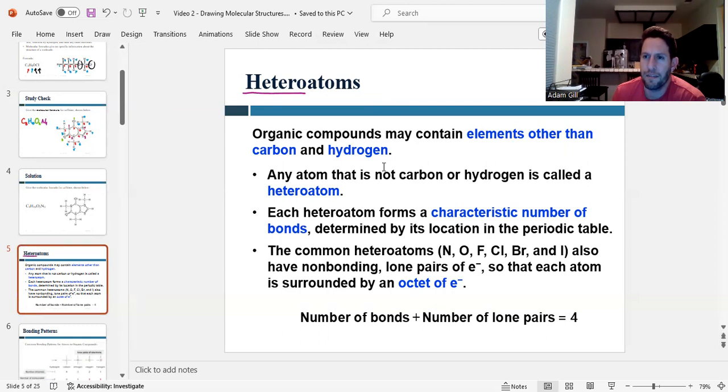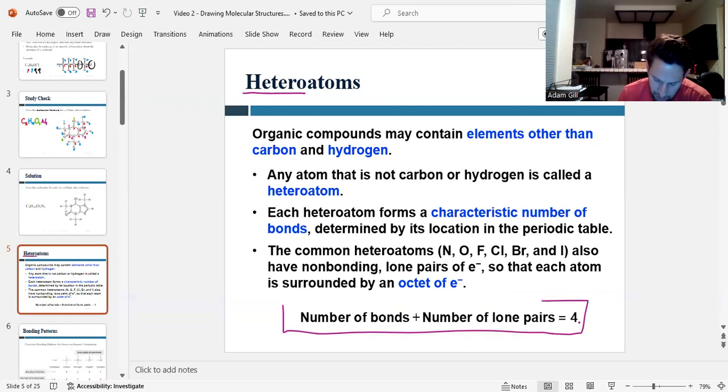Now, when atoms form molecules, they always want to have a full valence shell of electrons. And so for everybody other than hydrogen, that's 8 electrons. Remember that from drawing Lewis structures back in chapter 6, I believe it was. So everybody wants 8 electrons. And so the number of bonds plus the number of lone pairs is always going to be equal to 4.